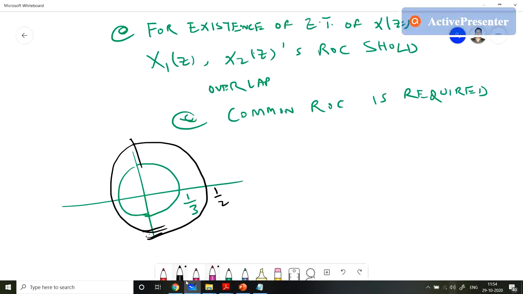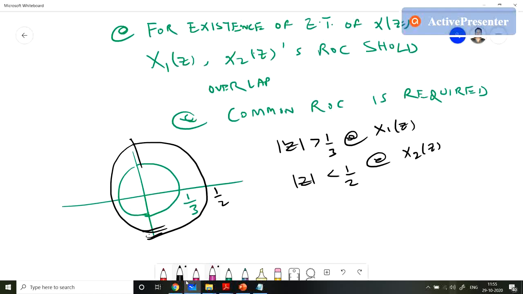The first is |z| greater than 1/3, which is the ROC of X1(z), and the second is |z| less than 1/2, which is for X2(z). The common ROC is this annular ring.